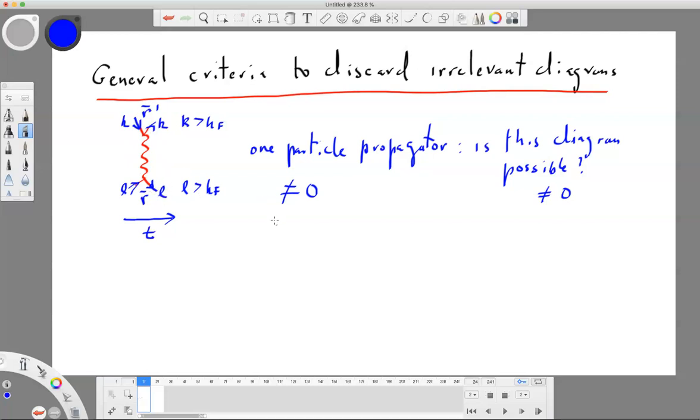Okay, so for example, if we inject K, then L appears from nowhere.